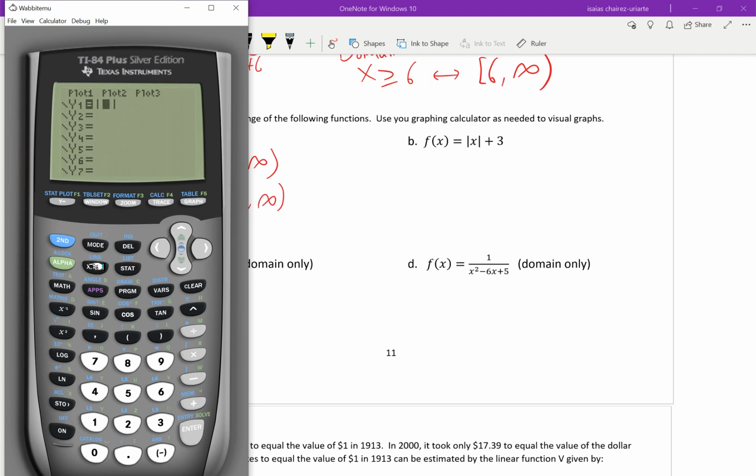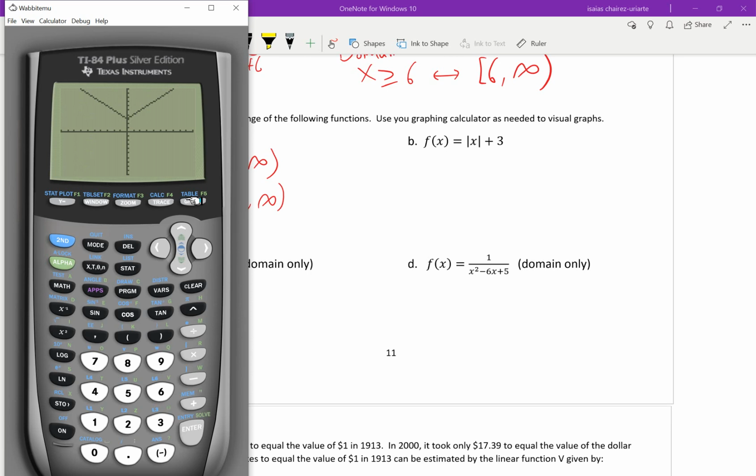Right now, it's only the x that's inside the absolute value. To get out of the absolute value, I'm going to click my right cursor here. Okay, so plus 3. And then I'm going to look at the graph.